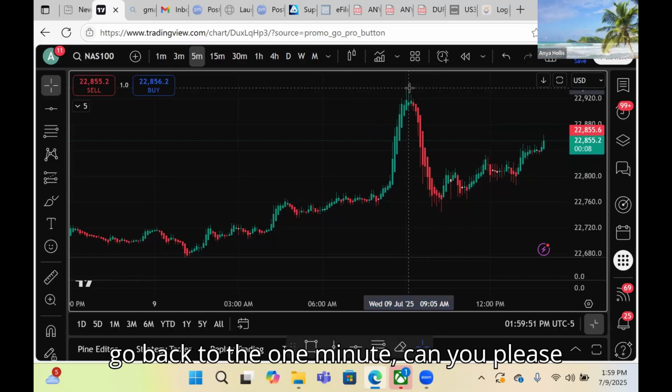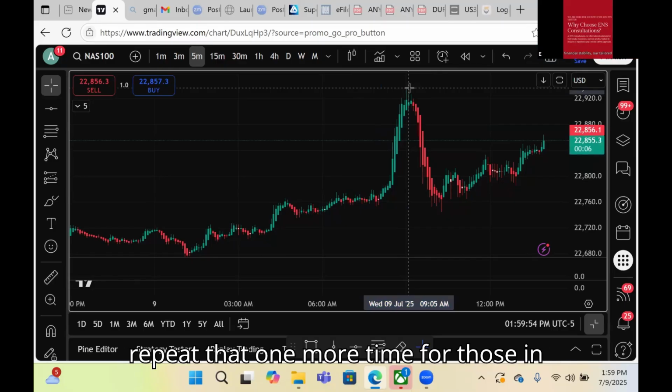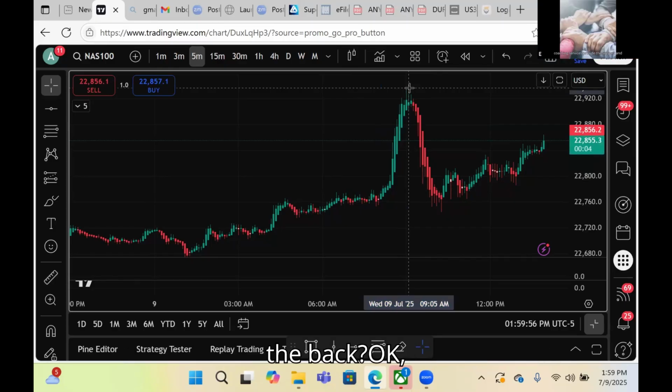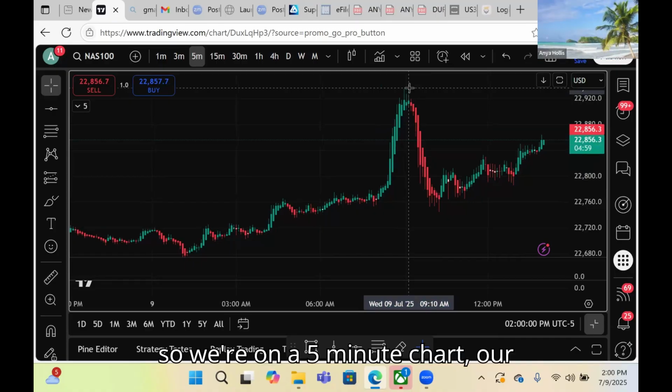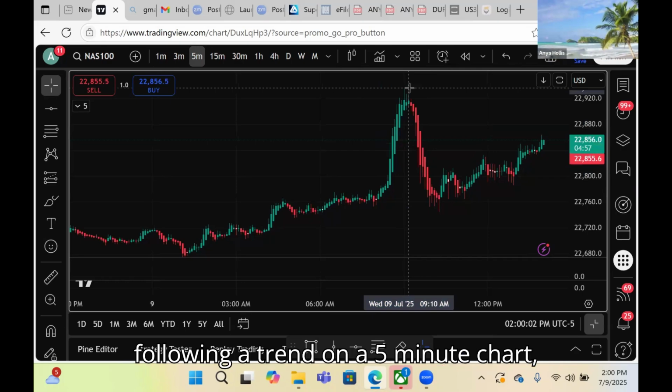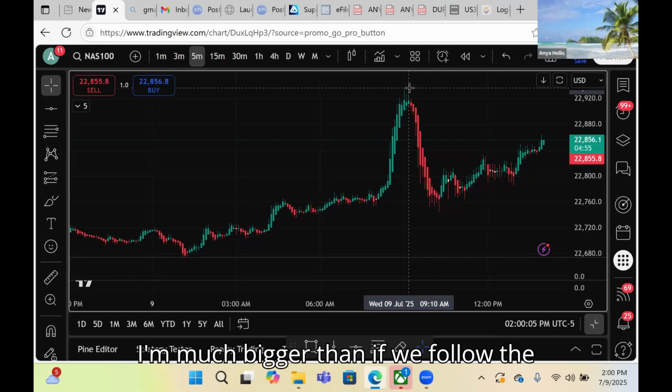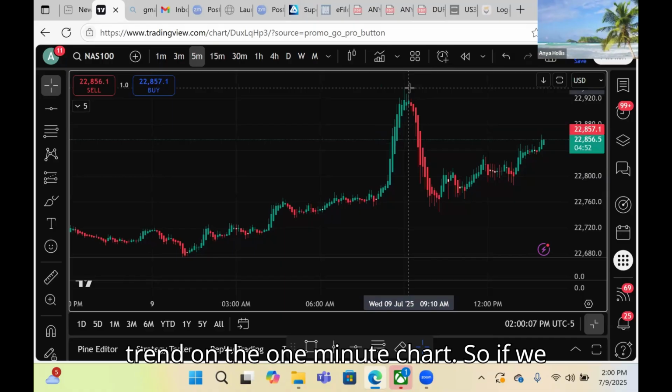Now, if we go back to the 1 minute. Okay. So we're on a 5-minute chart. Our moves on a 5-minute chart, if we're following a trend on the 5-minute chart, are much bigger than if we follow the trend on the 1-minute chart.